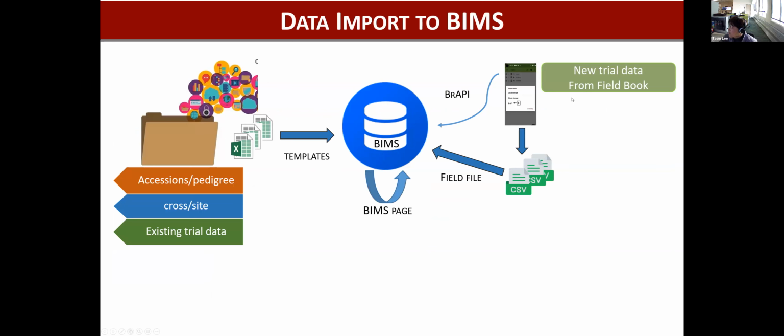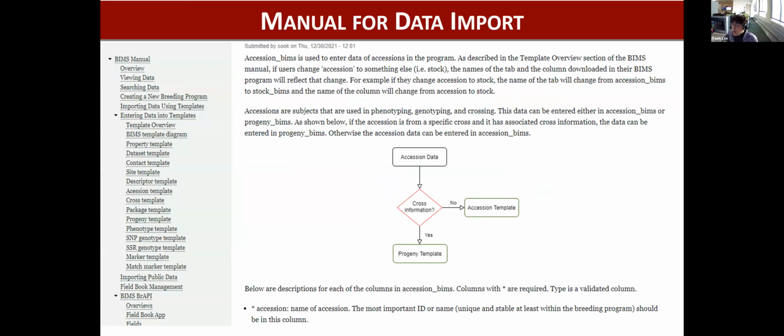And then there's a companion application for Fieldbook, and you can get the data from there. I'll cover all 3 of them. And before I talk about that, there's a manual for the data import in the BIMS page. You can take a look at it. It's really comprehensive, so it's really helpful.